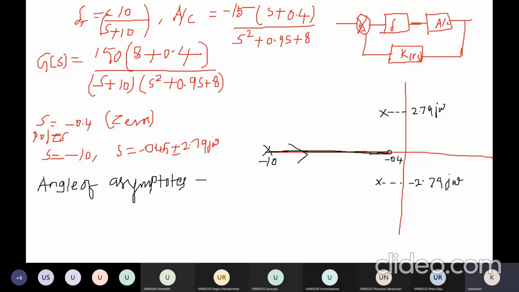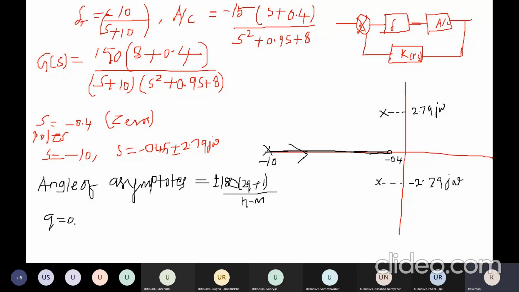The formula is plus or minus 180 degree times (2q plus 1) divided by n minus m, where q varies from 0 up to n minus m. In this case, I have 3 poles and 1 zero.